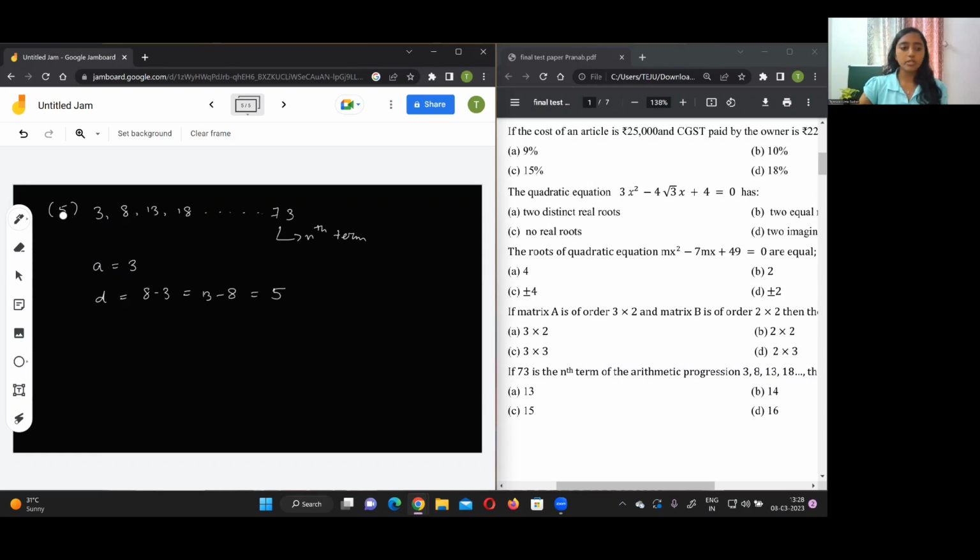As you know, the formula for the nth term value is a plus (n minus 1) into d. So that gets you 3 plus (n minus 1) into 5, which is equal to 3 plus 5n minus 5. 73 is equal to 3 minus 5, which is minus 2, plus 5n.